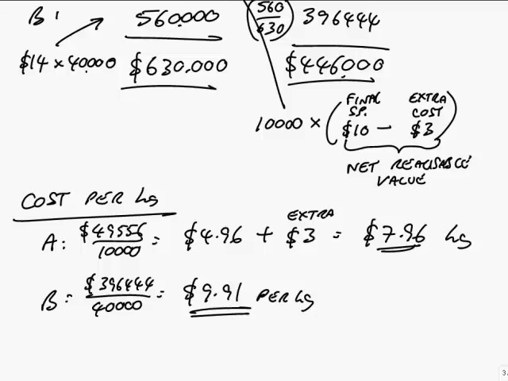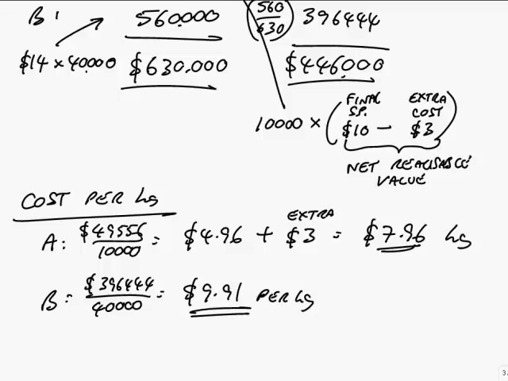Secondly, if we ever wanted to know how much profit we were making on each, A sells for 10, its cost is 7.96, the profit is the difference, $2.04. B, it sells for 14, its cost is 9.91, it makes a profit of $4.09. I hope no problem. Okay?